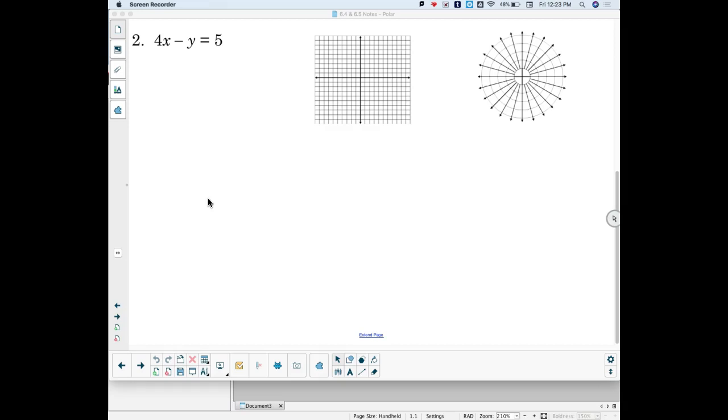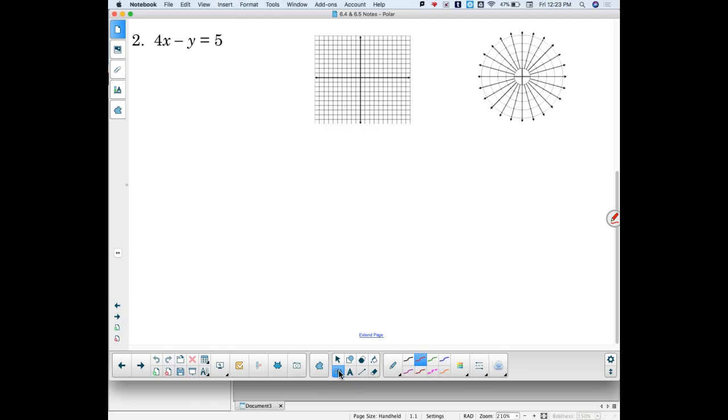Okay, so what's the slope of this line? 4. Yep, okay. So this is a line with a slope of 4. And what's the other part of a line that we need to know? The y-intercept.